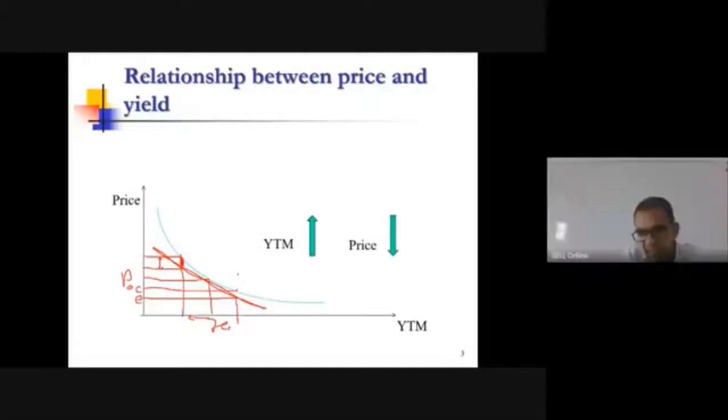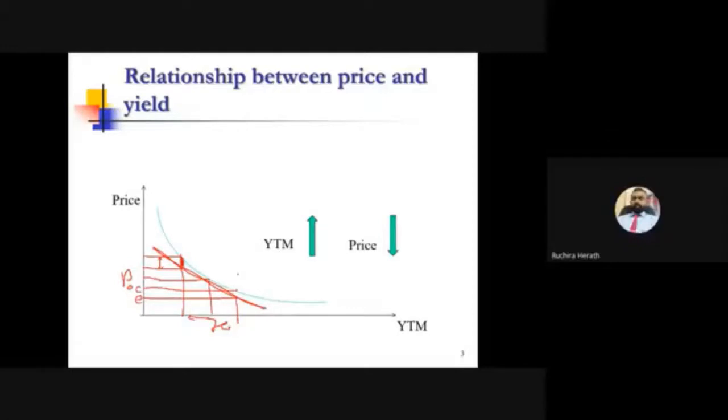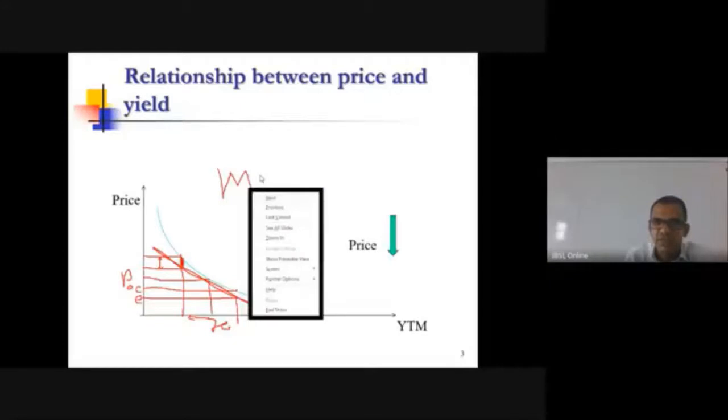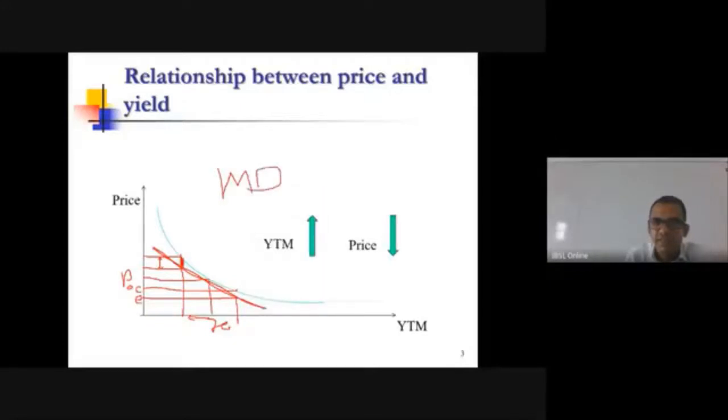If you buy one bond with the high duration and interest rate increases, what would happen? Price decrease would be more than the other bond. Okay. For the comparison, we can use this. If you use two modified durations, MD1 and MD2, and modified duration 1 is higher than modified duration 2, what do you expect?